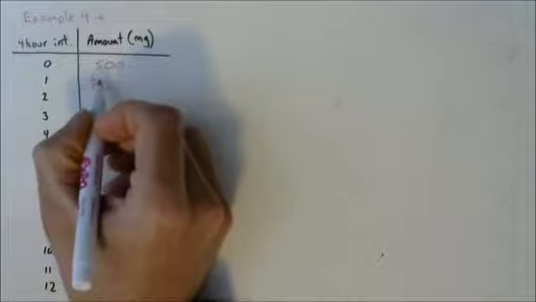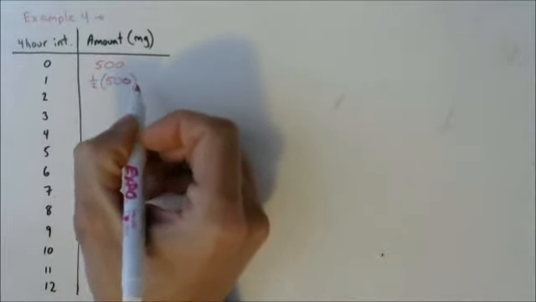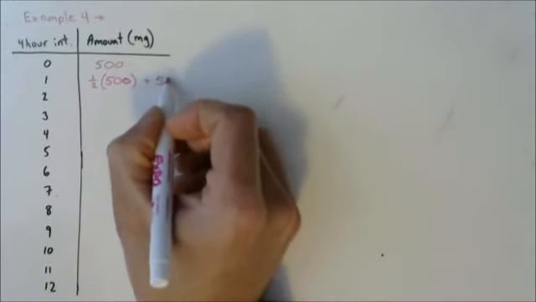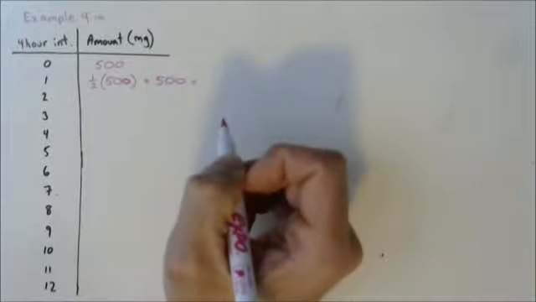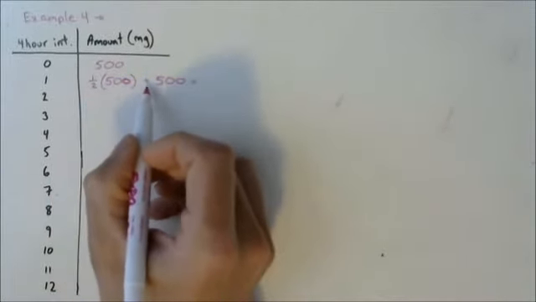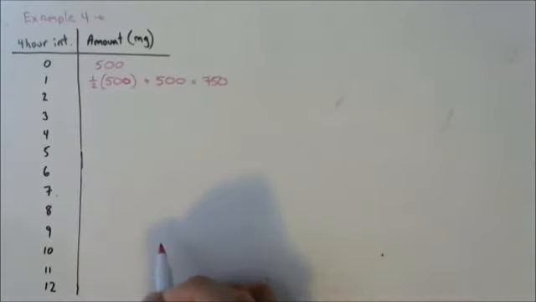That's going to be the half-life of the 500 milligrams that she has already ingested, and she's going to take another pill. All right, so we've got half of 500, which is 250, plus 500, which is a total of 750 milligrams.